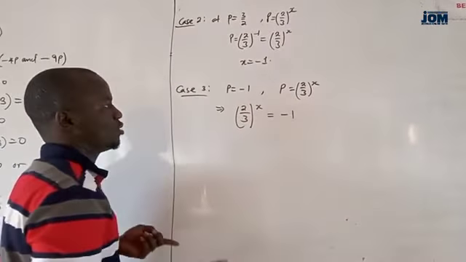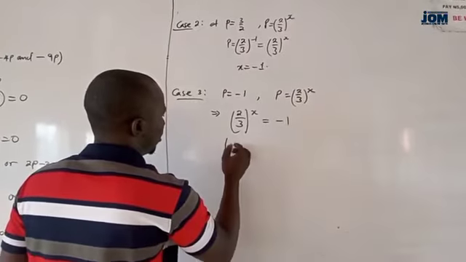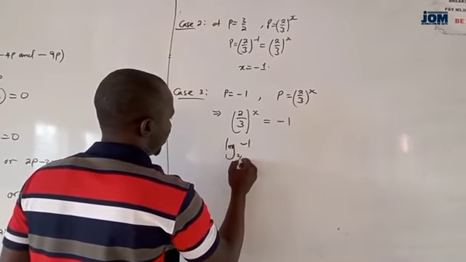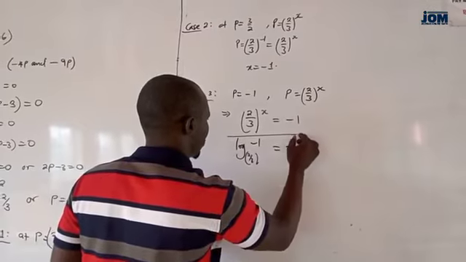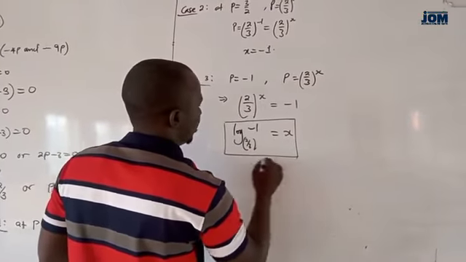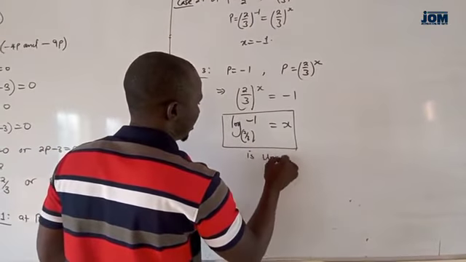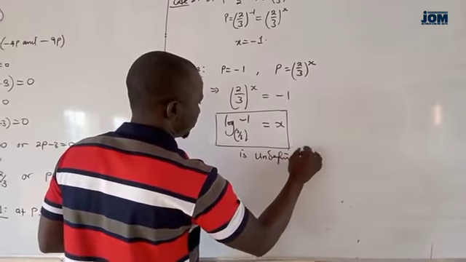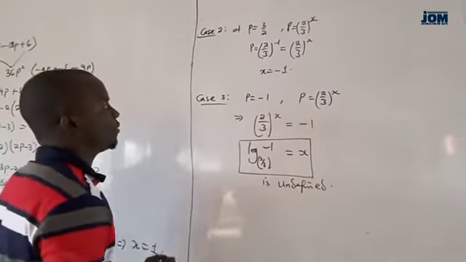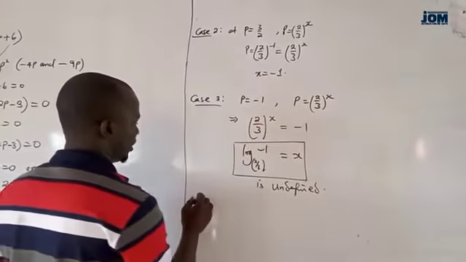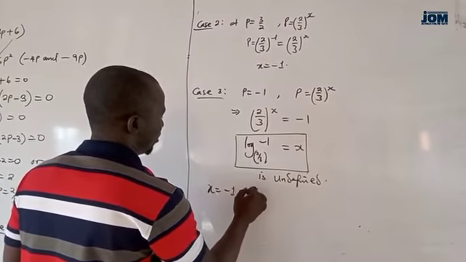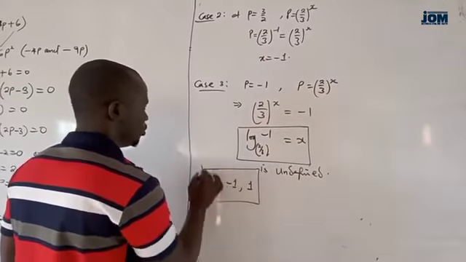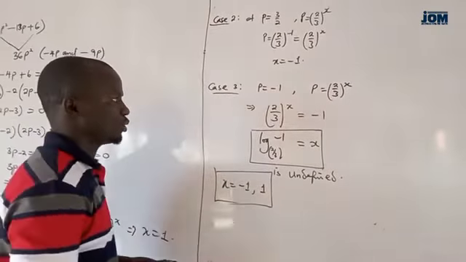And we can relate this to logarithm, that the log of minus 1 to base 2 over 3 is equal to x. But this solution is undefined. So the only solutions for x that can satisfy that equation are x equal to minus 1 and 1. Hence the solution for this equation.